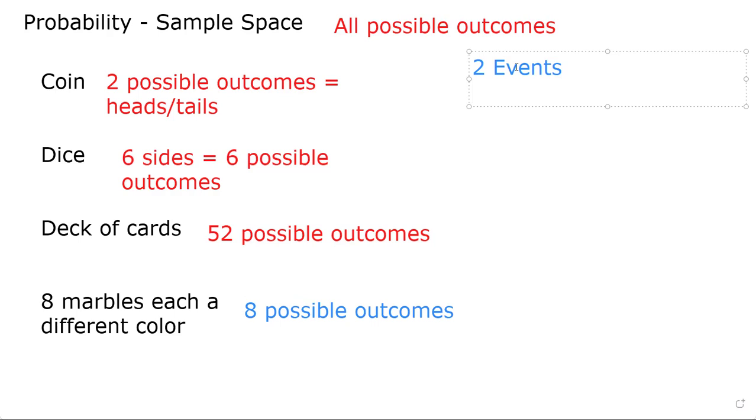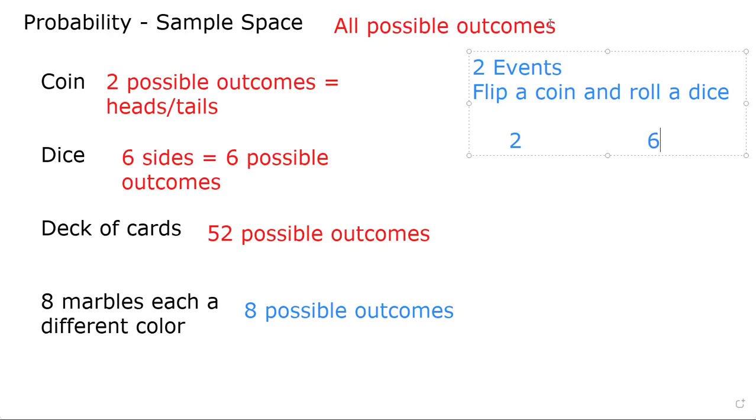What 2 events? Let's say we flip a coin and roll a dice, both of them. For flipping a coin, how many outcomes are there? There's 2. So 2 outcomes for flipping a coin. And then how many outcomes for rolling a dice? There are 6.